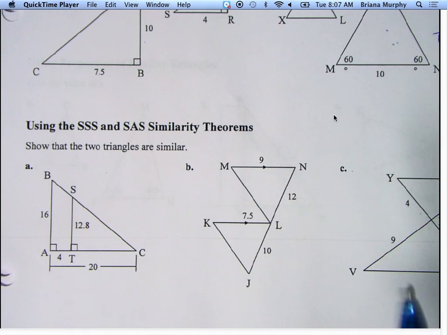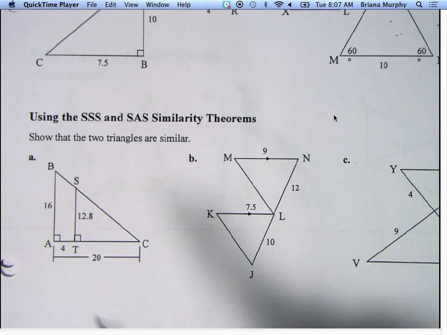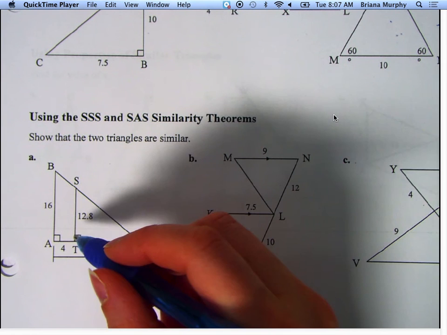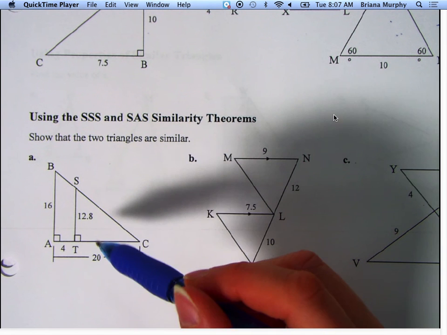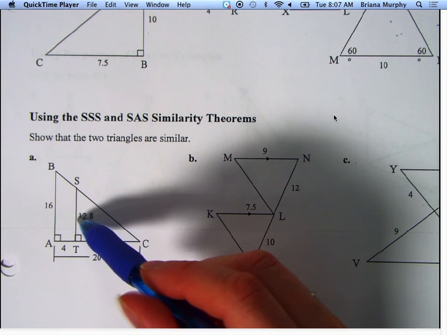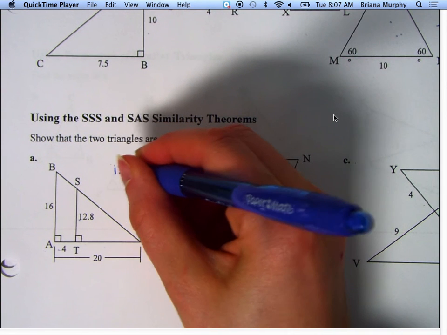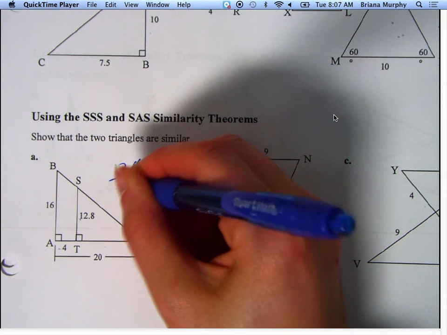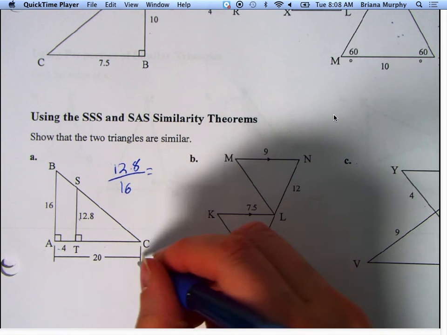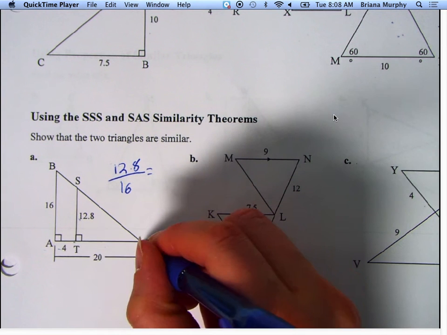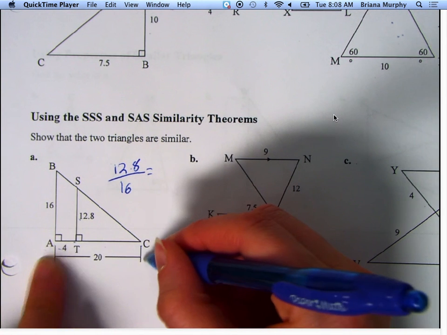Okay, let's look at the next one, similarity. Show that the two triangles are similar, so we have to find proportions for these. Okay, so first of all, I'm going to see if I'm going to use side, angle, side, because I know these two angles. Okay, so I'm going to go 12.8 over 16 and see if that's the same as, what's this little part right here for the triangle? The whole thing is 20, so what would the little part be?